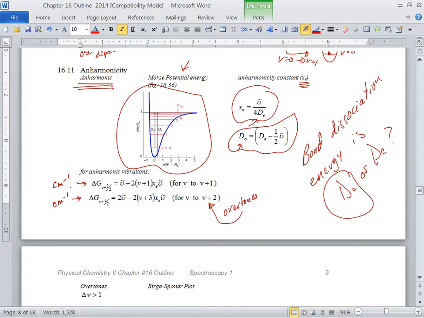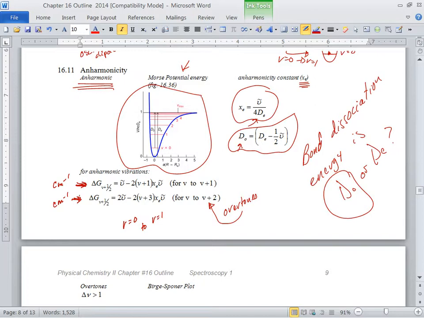Let's see if you see how to use it. What if I go from, let's do the fundamental transition, from V equals 0 to V equals 1. Would you be using the top term to get that wave number, or the bottom expression? You would use the top one. Okay, we're there so far.